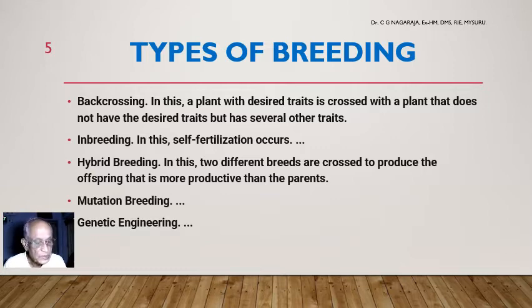And genetic engineering, where at the cellular level DNA is sliced and they also recombine DNA. That means recombinant DNA is possible, and also tissue culture is possible. So these are all the various types of breeding that happen.